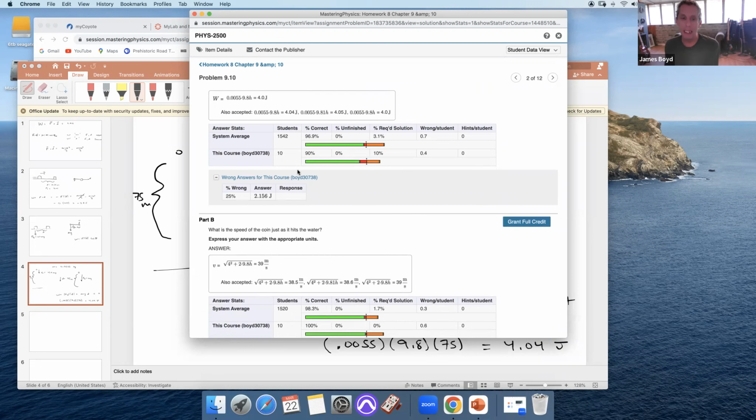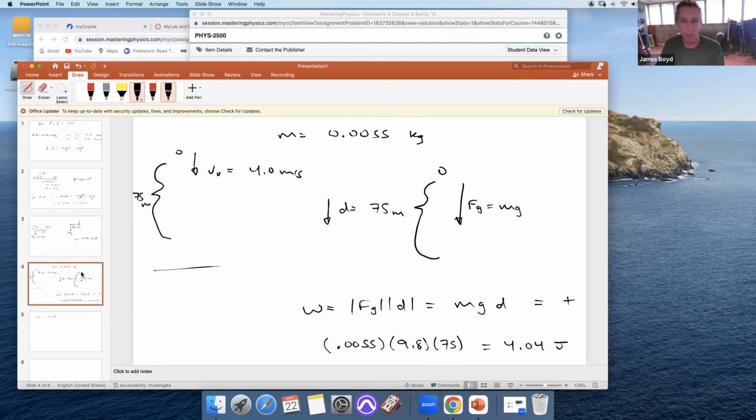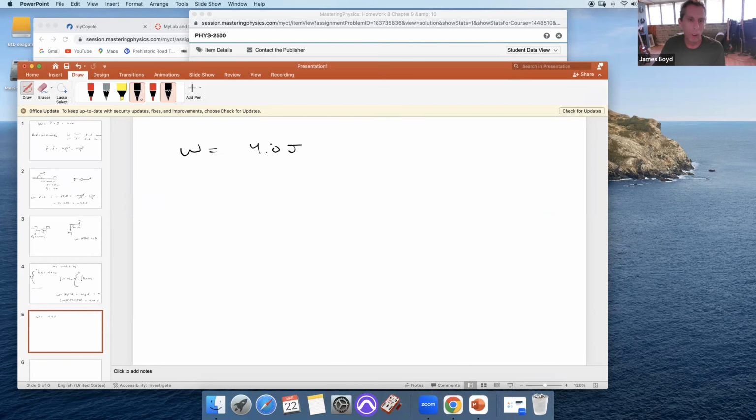At what speed does the coin hit the water? Now, we know that the work done was 4.0 joules. Actually, we should probably go back and use 4.04 joules. And that work is equal to the change in kinetic energy. Okay.